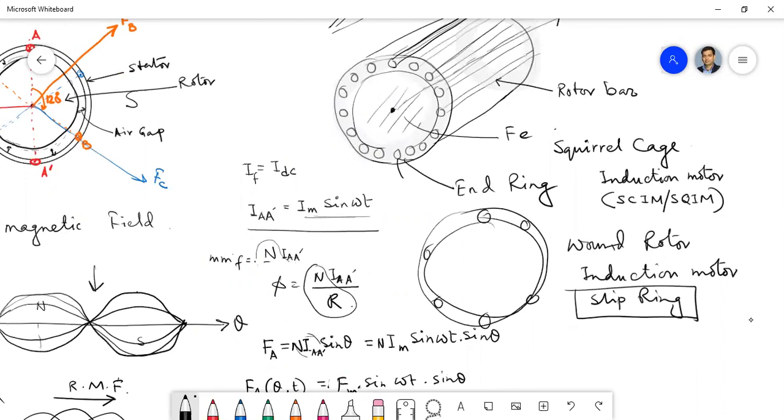So therefore, this type of machine is called wound rotor induction motor or slip ring induction motor. So these two are the possible constructions for the three-phase induction motor. The wound rotor or slip ring induction motor is more complicated and costly and therefore used for higher ratings.